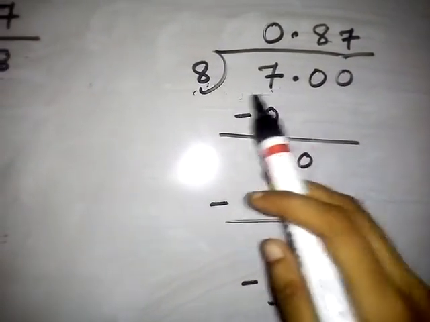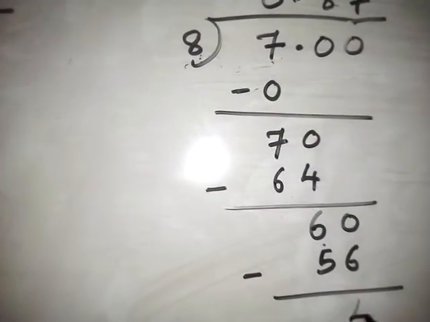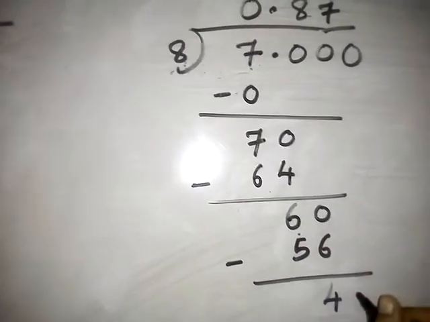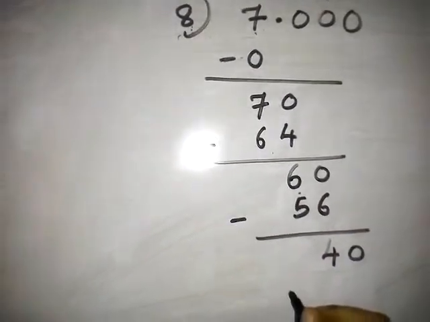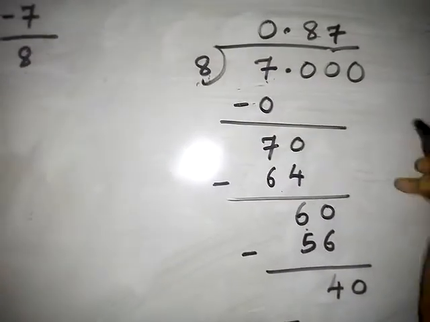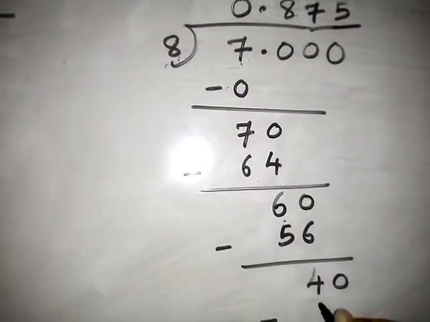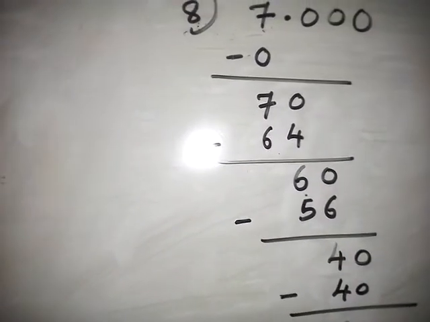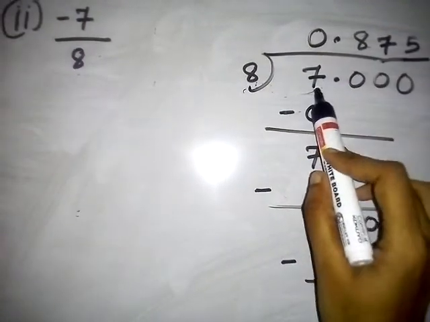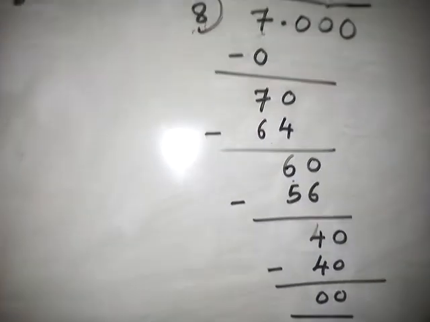So 8 7s are 56 you have to take. 60 minus 56, 4. 0, bring it down again. You have to continue the division till the remainder gets 0. 8 5s are 40. So you got remainder 0. Remember, this is the dividend, this is the divisor, this is the quotient, and this is the remainder.